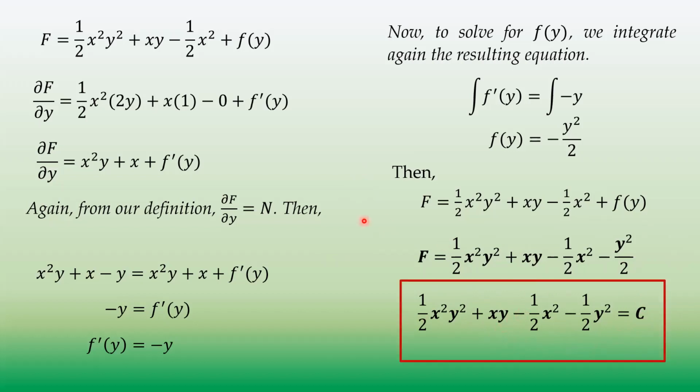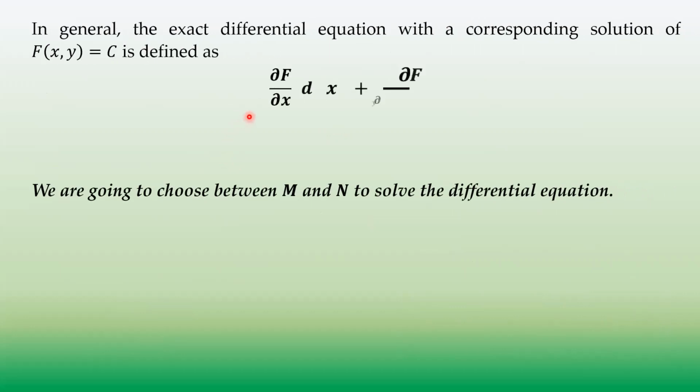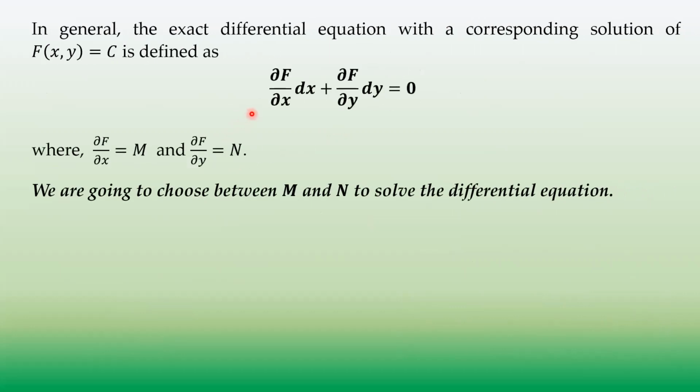Okay. So ito yung solution, ginamit ko dyan yung m. Ngayon, mag-i-equal kaya sila pag ang ginamit ko naman yung n, yung partial derivative of f with respect to y? Tingnan natin. So again, from our definition, ang katumbas ng n ay partial derivative of f with respect to y.